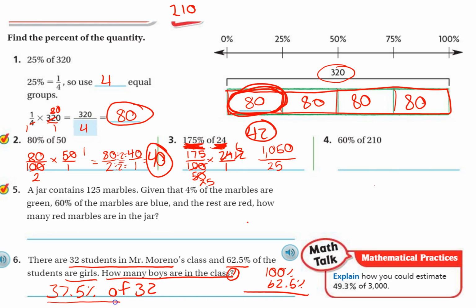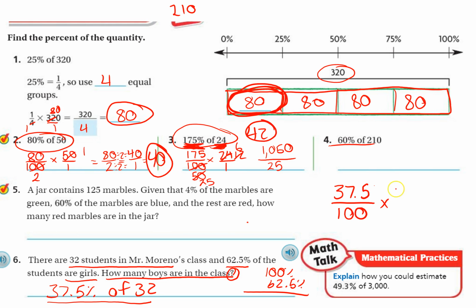Now this looks just like all my other problems that I was doing earlier. It's a percent of a number. So I follow those same steps. I take 37.5 and put it over 100 because it's a percent per 100. And then I multiply it by 32. And I can change 32 to 32 over 1.